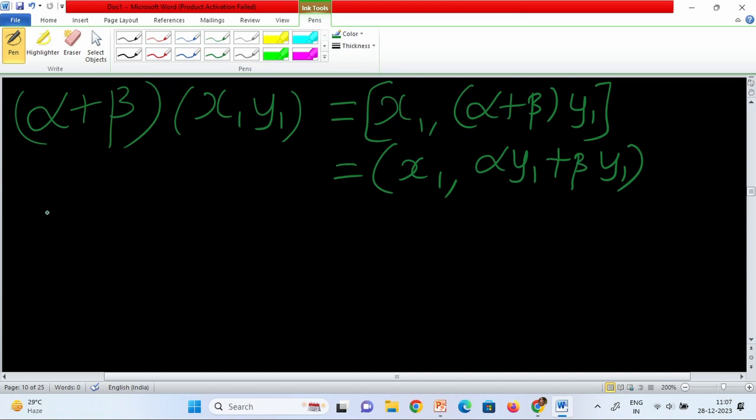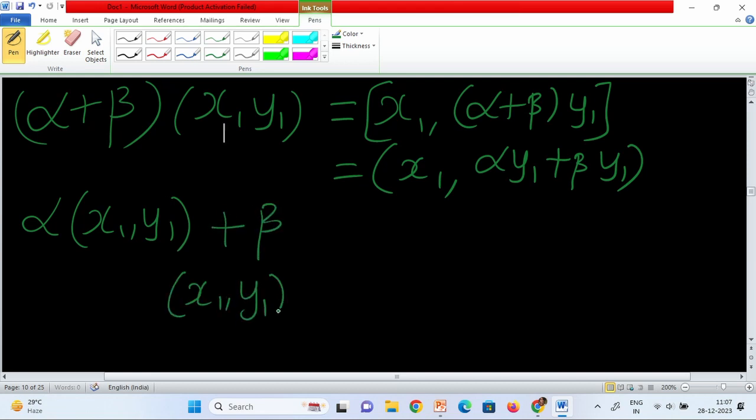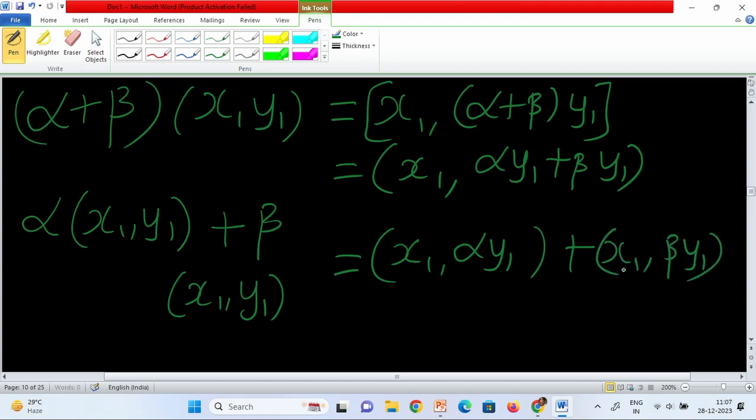For that we consider alpha into (x1, y1) plus beta into (x1, y1), which in turn equals (x1, alpha y1) plus (x1, beta y1), which is equal to (x1 plus x1, alpha y1 plus beta y1).